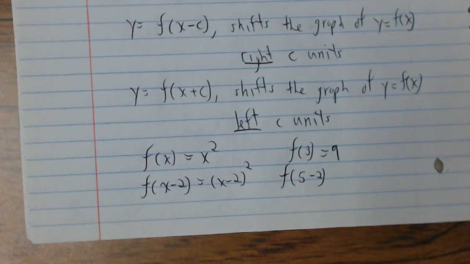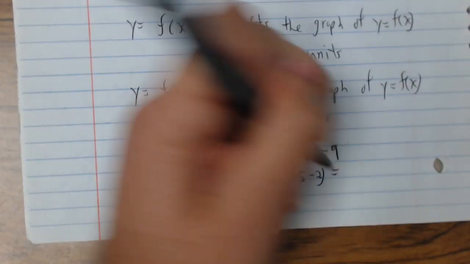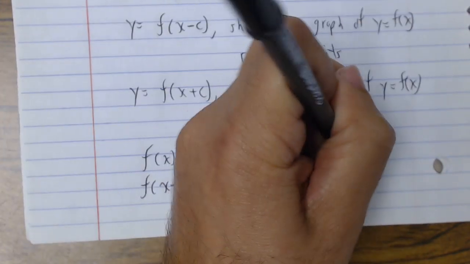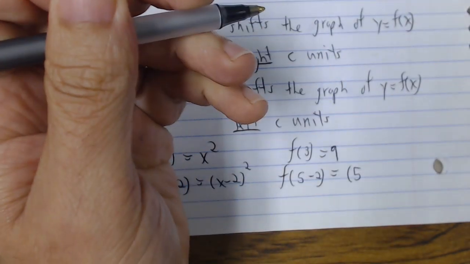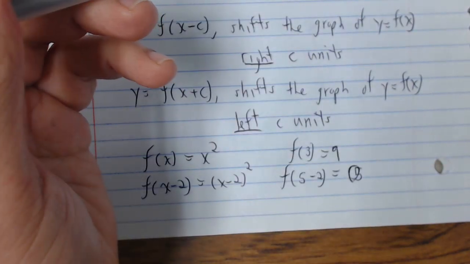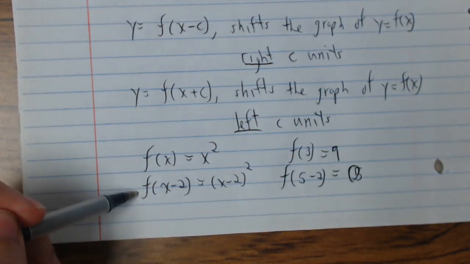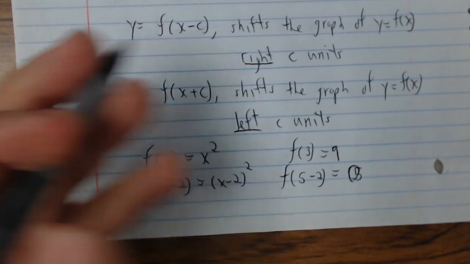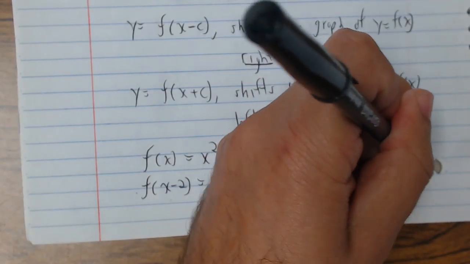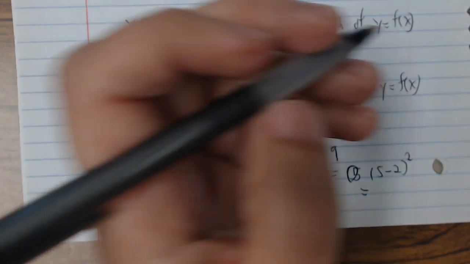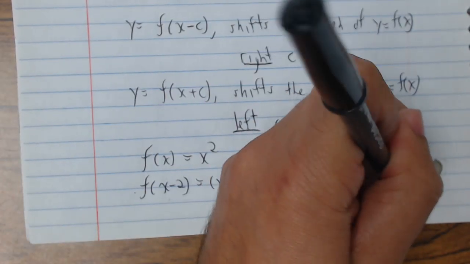If I replace x with 5, it's going to be the same thing as 5 minus 2 quantity squared, which ends up being 3 squared, which is 9.